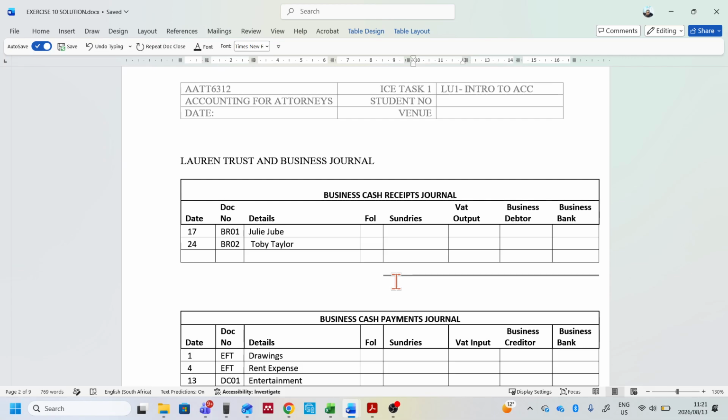Because the debtors column is being credited, its total will be credited to the business debtors control account. We are not going to cover the business debtors control account. It is there in your textbook, but if you want to look into it, you can. We're not going to cover that.